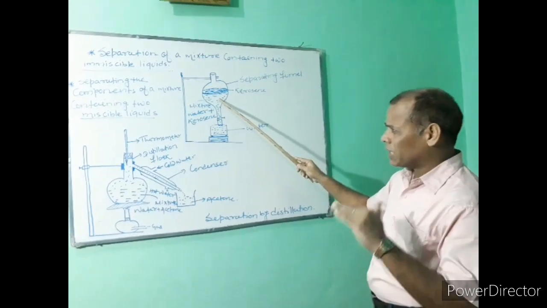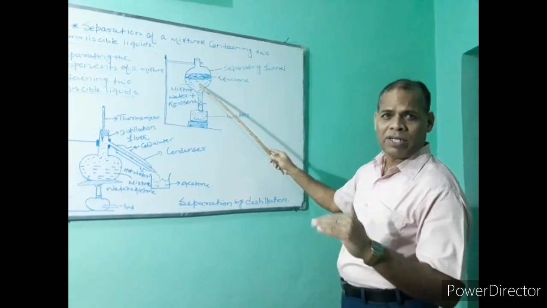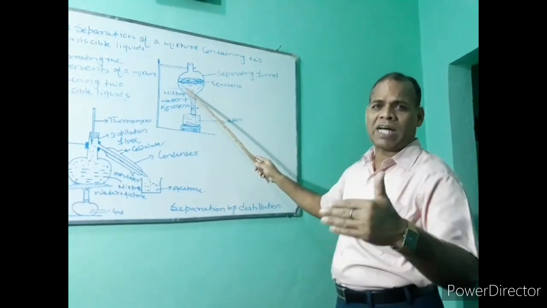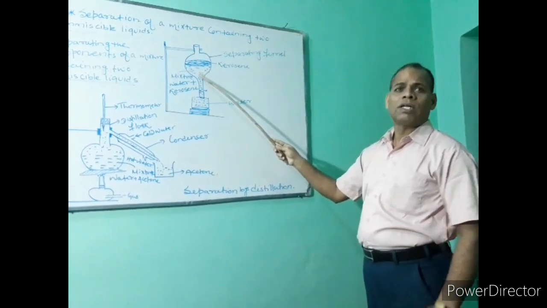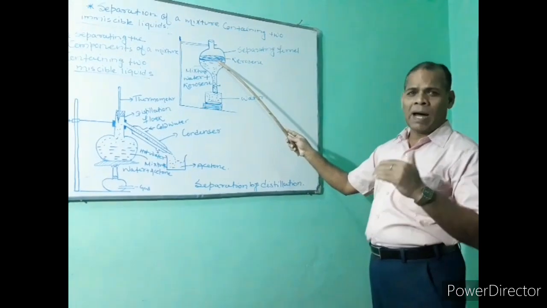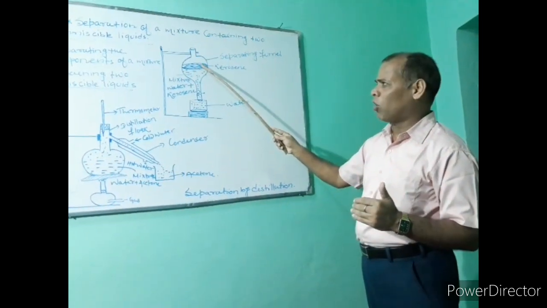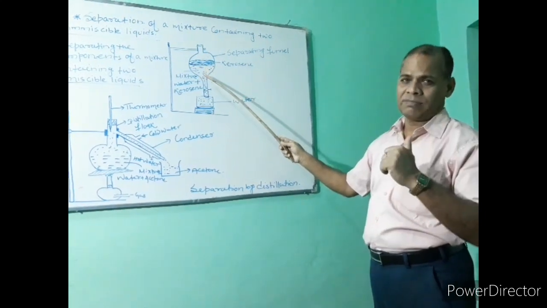When you leave it undisturbed, it develops two layers: at the upper level there is kerosene oil and the bottom layer is water.